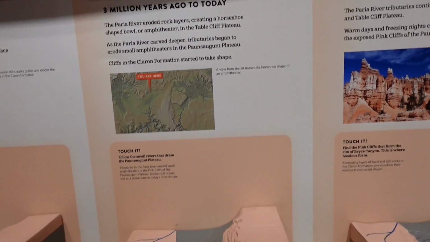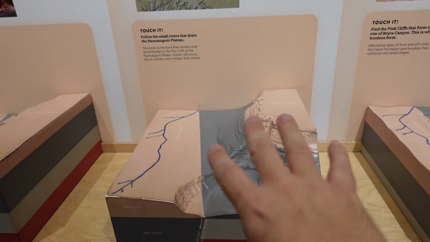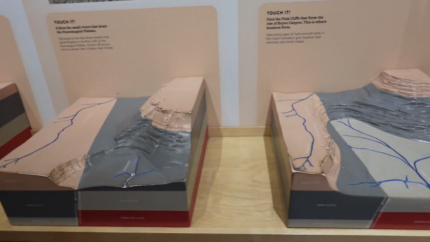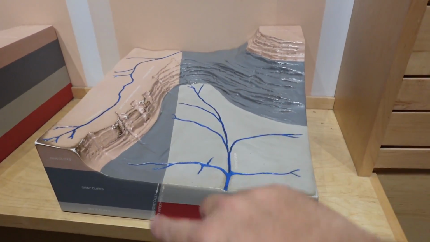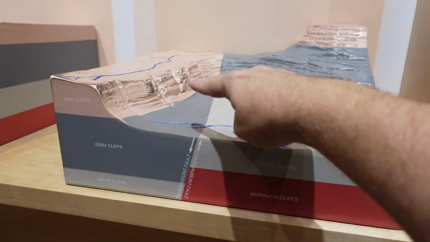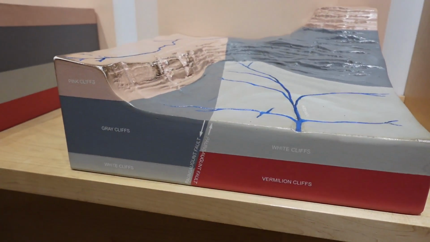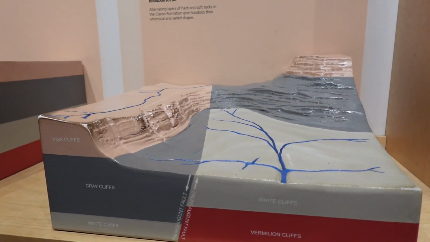And over millions of years, lakes and rivers and freeze-thaw action start to chip away at this area, eventually ending up with what we have today with the Bryce Amphitheater, which interestingly is actually on the down-thrown side, or what we call the hanging wall side of the fault.